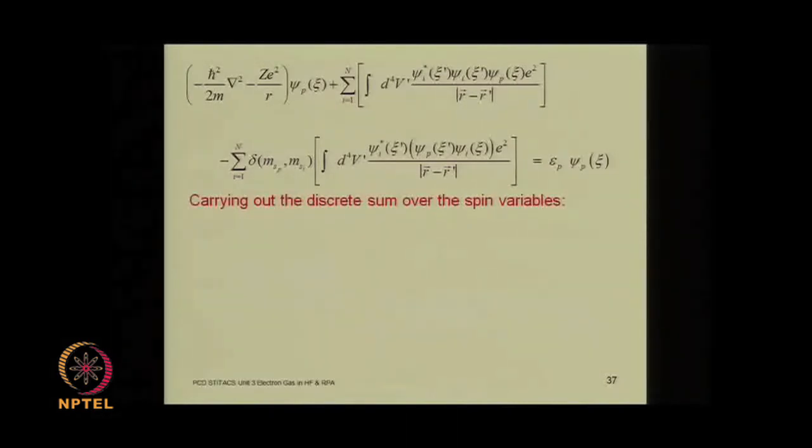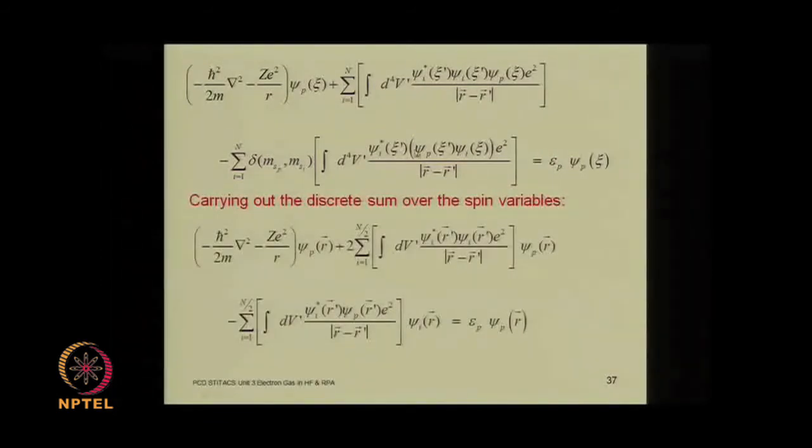When you carry out the discrete sum over the spin variables, you will have twice the sum over I going from 1 to n by 2, because there is no spin dependent term in this operator here. So notice that the sum over I which went from 1 to n now goes from 1 to n by 2, but you have a factor of 2 over here for the Coulomb term.